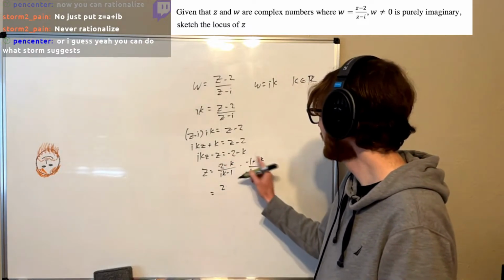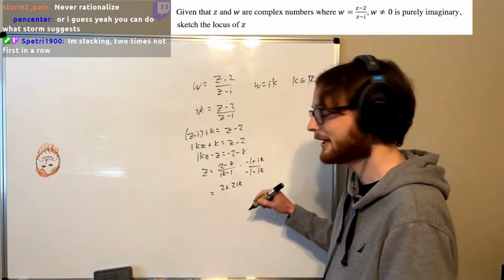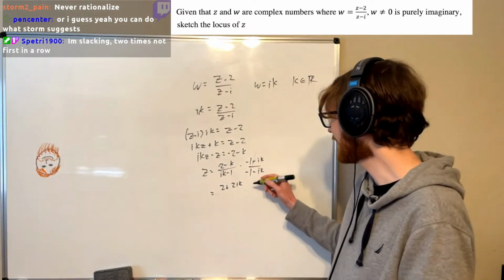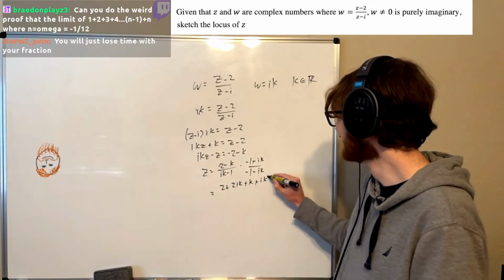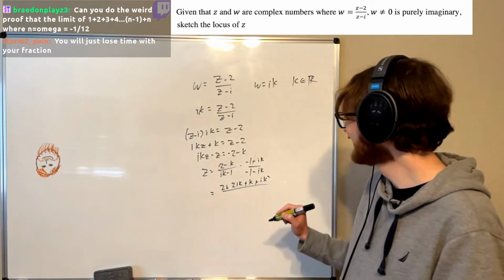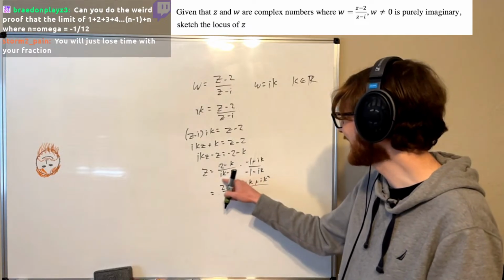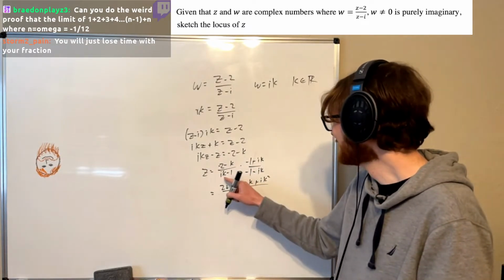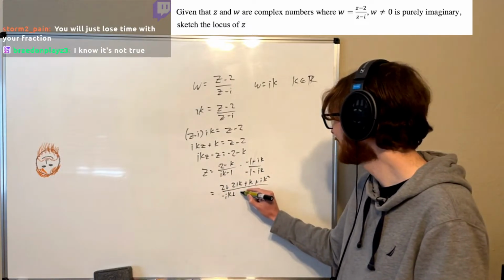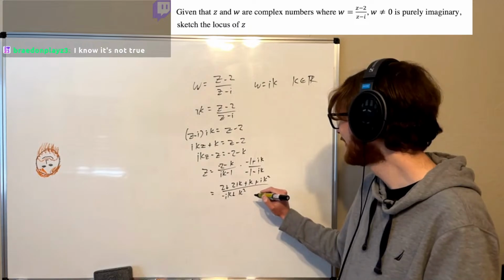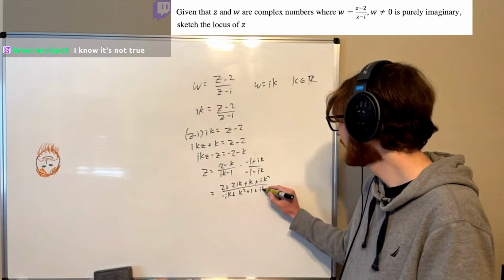Positive 2 plus 2ik. I feel like I'm writing that in the wrong order. I don't know what order people normally put the i in. It doesn't actually matter. It just makes me uncomfortable to not know. Okay. I hate that I wrote the -1 at the end. It's fine. ik plus k squared, -1 plus 1 -1, like that.